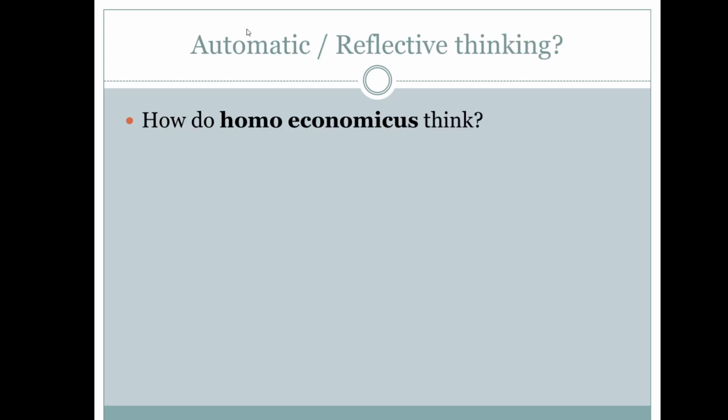So we are still talking about automatic and reflective thinking. What do you think? How do econs think? Are they going to use automatic, or reflective, or both? Or do you have something different in your answer?